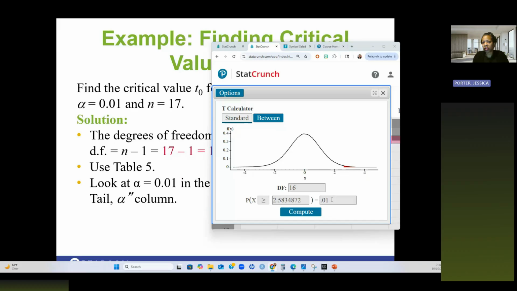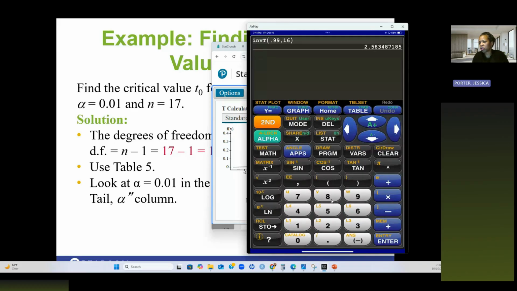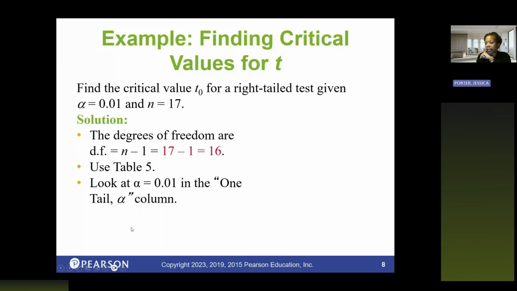In the calculator, what I was trying to tell you is the difference: you can't tell it it's a right tail test. The way that you tell it it's a right tail test is you put in 0.99 instead of 0.01. Does that make sense? Kind of. Why is it 0.99? If you remember the right tail test, it's this area right here.